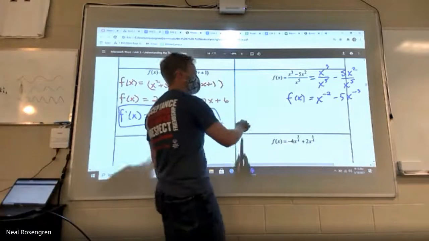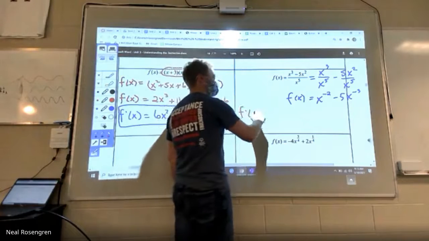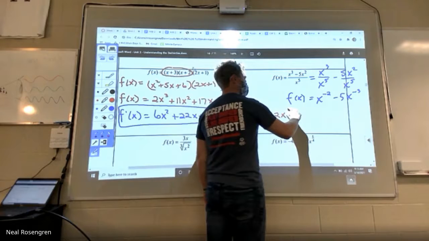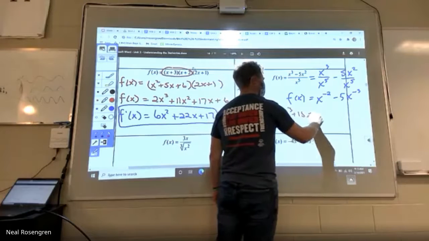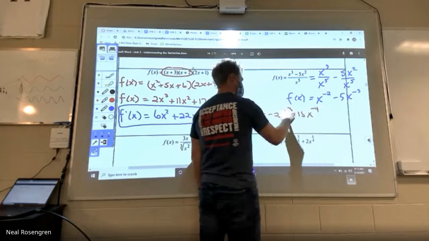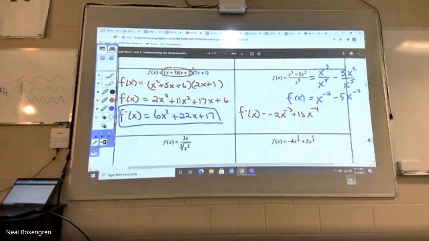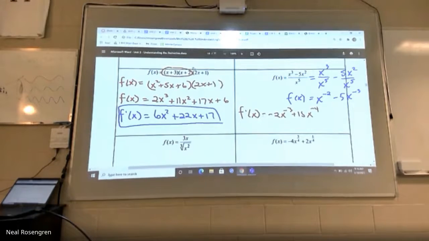I'll deal with the fraction once I get there, but now I can very easily find this derivative. Negative 2x to the negative third plus 15x to the negative fourth. And then we'll make the switch back. Okay, and so we will pick it up right there tomorrow, and we'll figure out how are we going to rewrite that without negative exponents and as a single rational function.